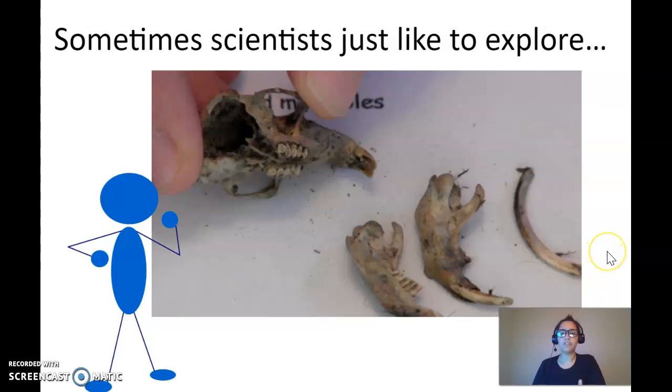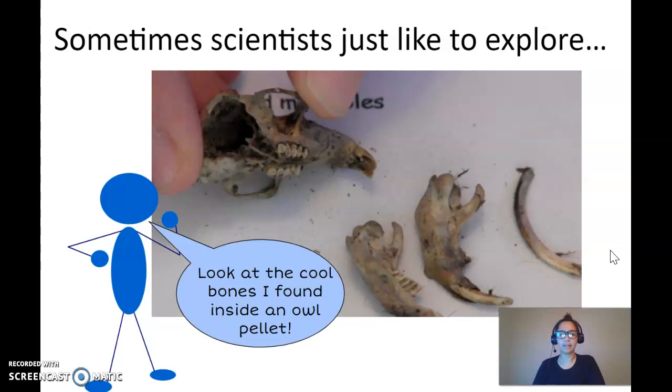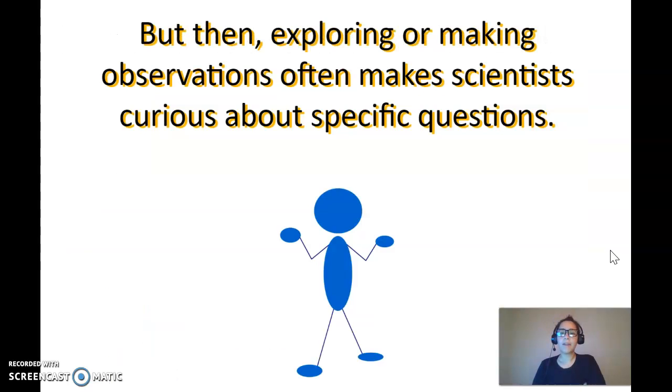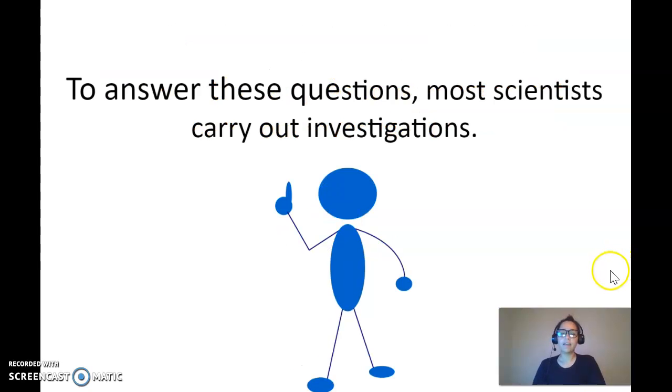Sometimes scientists just like to do explorations, and a lot of times you can think of these also as demonstrations. But other times, this exploring or making observations makes us curious, and we want to be able to ask very specific questions. To answer these questions, we need to be able to carry out investigations.